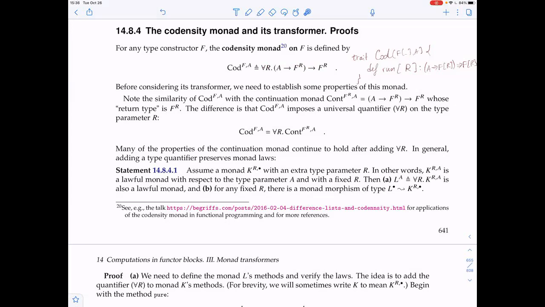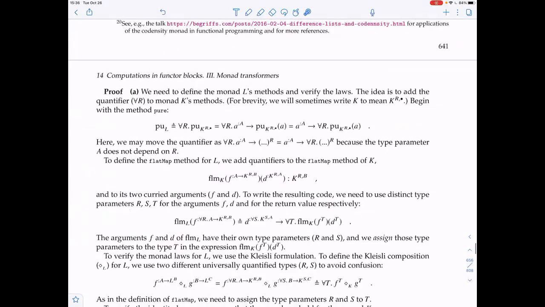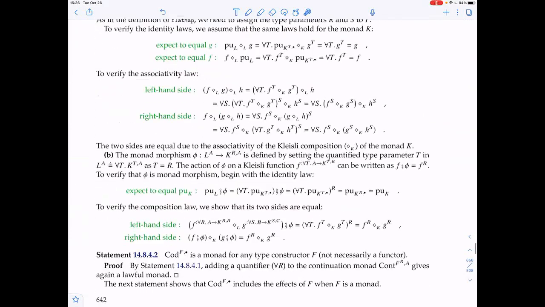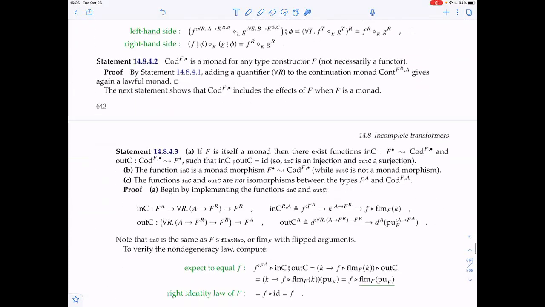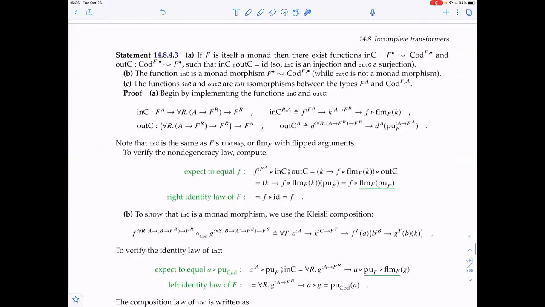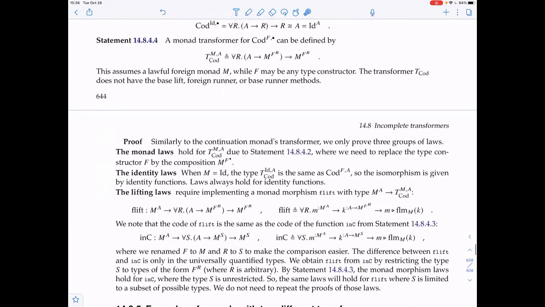And so the transformer for this monad, so first I verify that this is a monad. The transformer is defined like this.